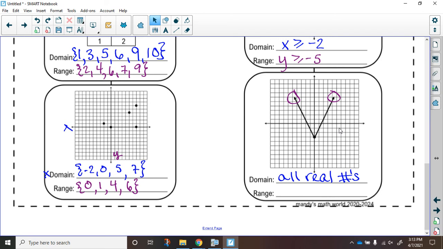This lets us know that our y value has a maximum or a minimum value. So I have a minimum value at negative 3, and my arrows are pointing up. So this means all of my y's are going to be greater than or equal to negative 3.